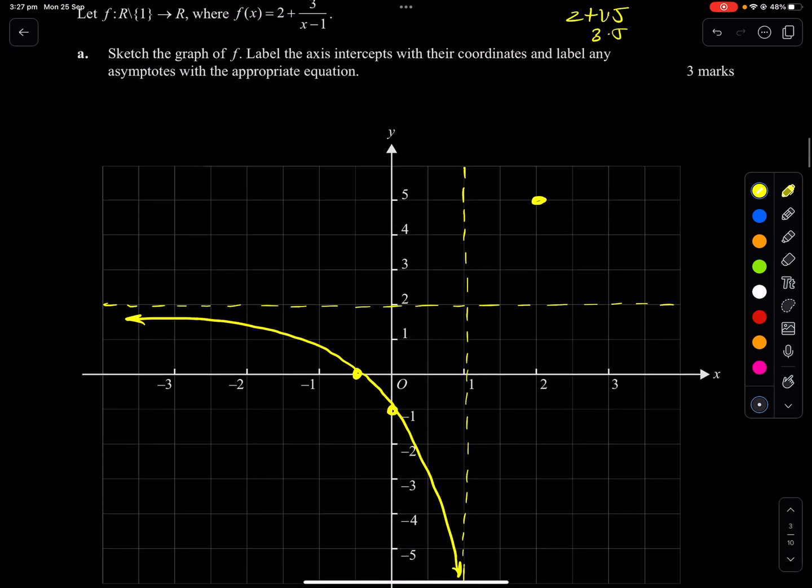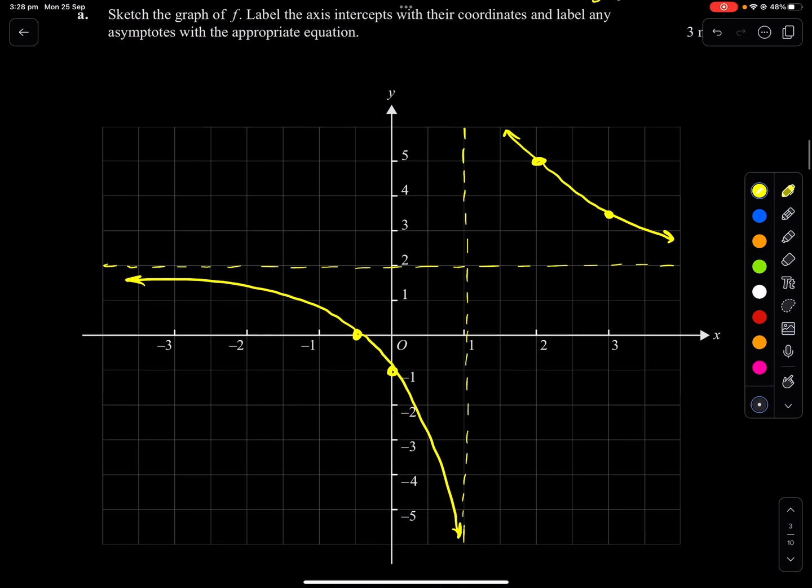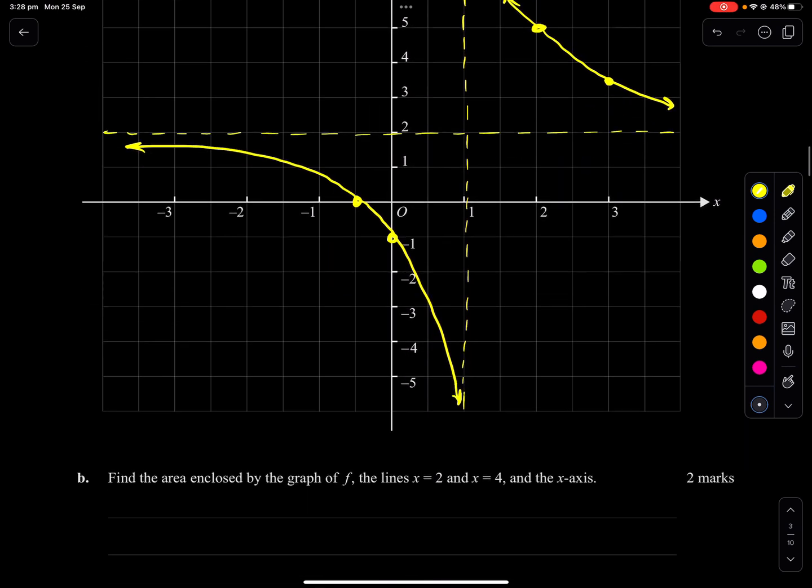So it will be around here. So this will look like that. But yeah, it goes forever. Done. And we just have to label the asymptotes.